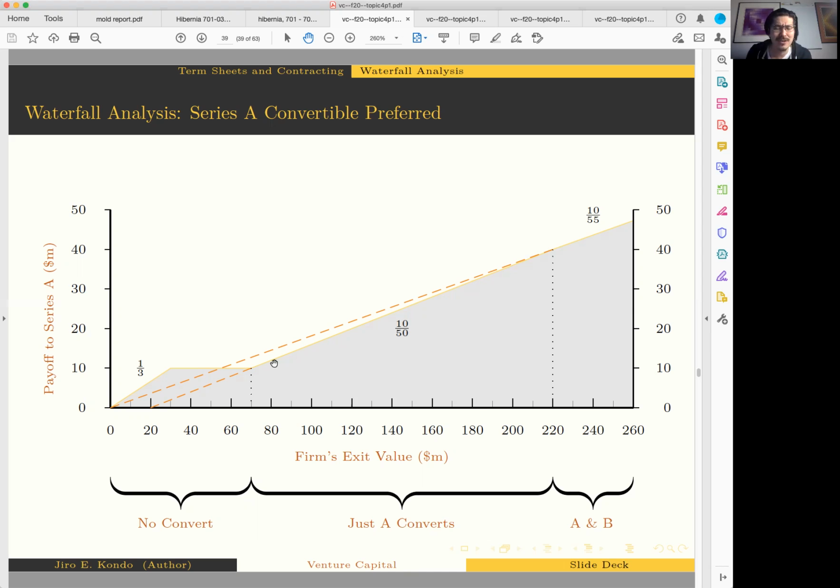By the way, you might be like, wait a second, Jiro, that looks a lot like what we saw before. But look at what happens at 220. At 220, there's all of a sudden an extra 5 million shares. So they get diluted. So now they don't own 10 out of 50, they own 10 out of 55.